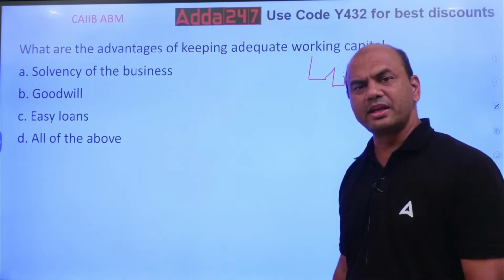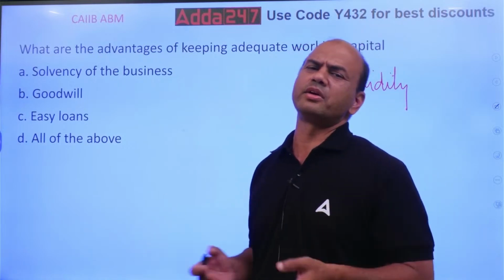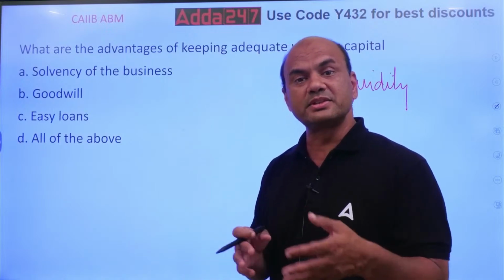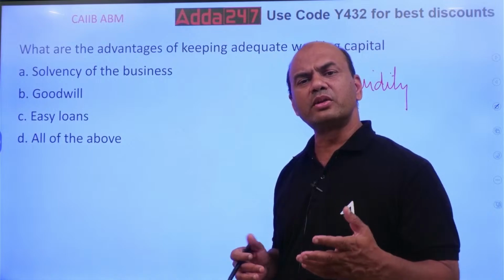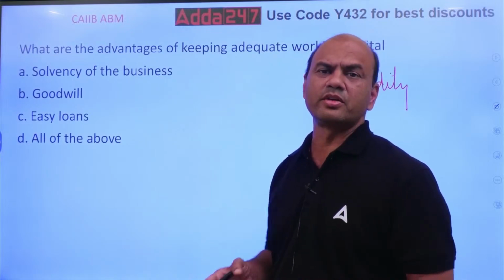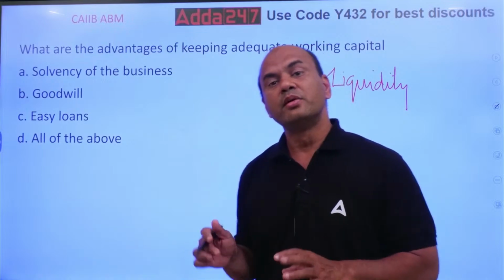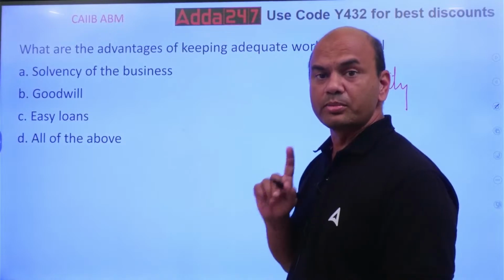What happens? Many a times you have a lot of assets, big assets. You have all the machinery, you have everything, but you don't have money to run the daily business. Means you don't have money to pay your salaries, you don't have money to pay some EMIs. Then what's the use? So that's why both the things are to be maintained. In any business, you have to look at two parts.